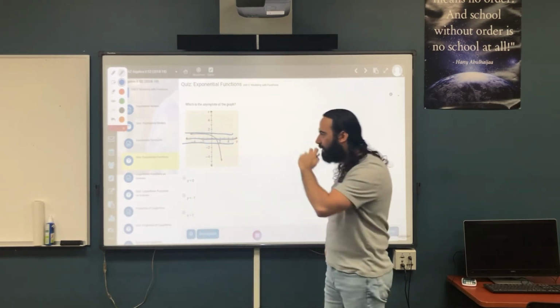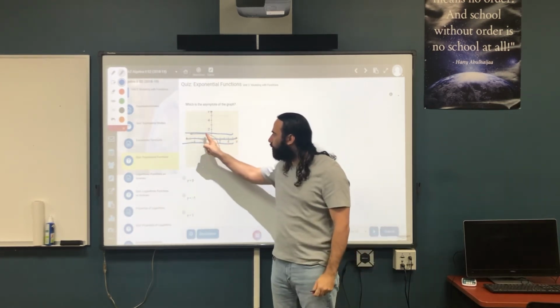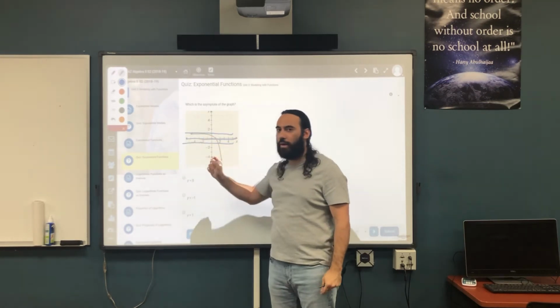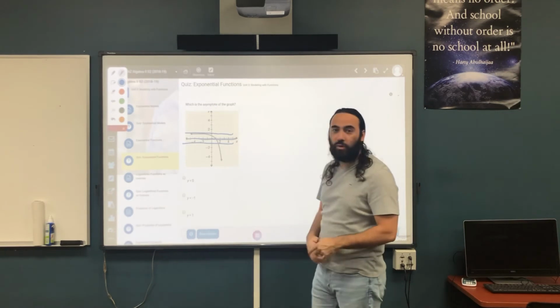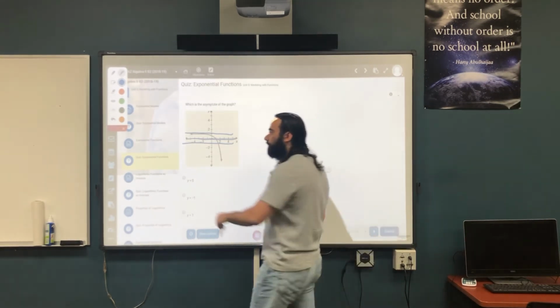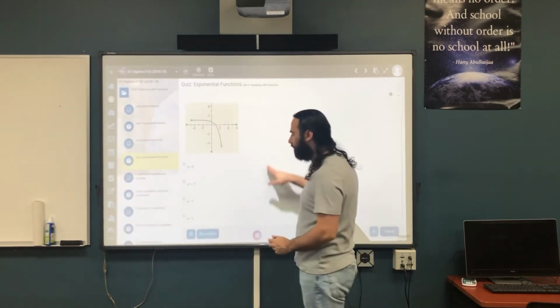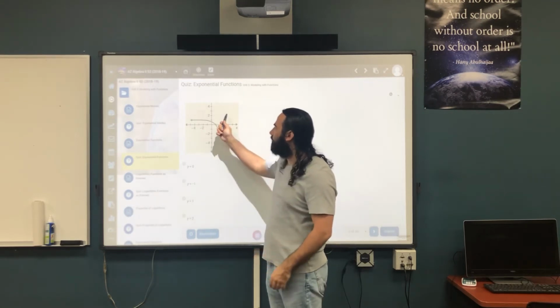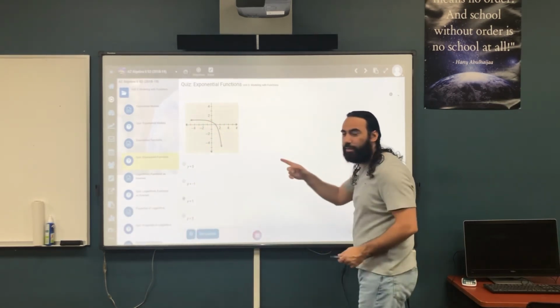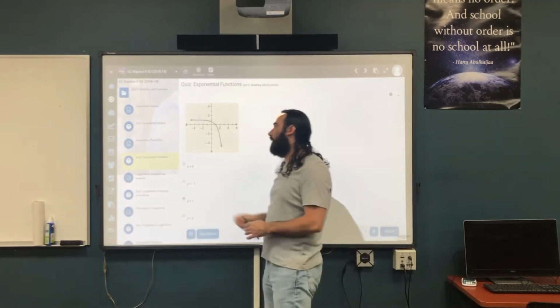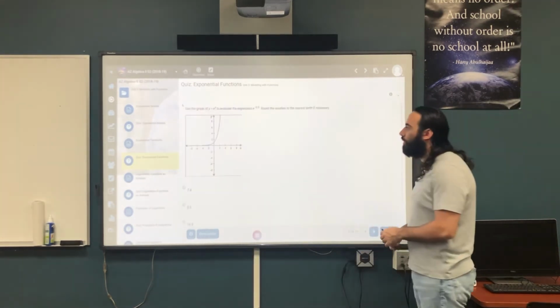As you can see, the graph keeps on getting close to y equals 1, but it never crosses it. So that's why the asymptote would be y equals 1. Okay? And y equals 2 is too high. It never crosses it, but the graph keeps on getting closer to y equals 1.